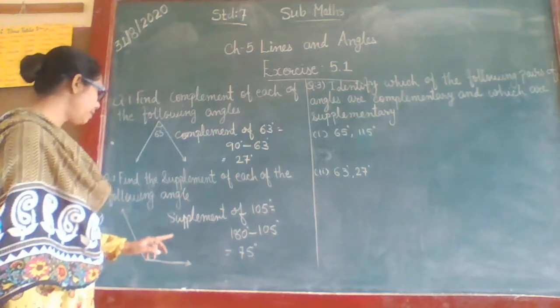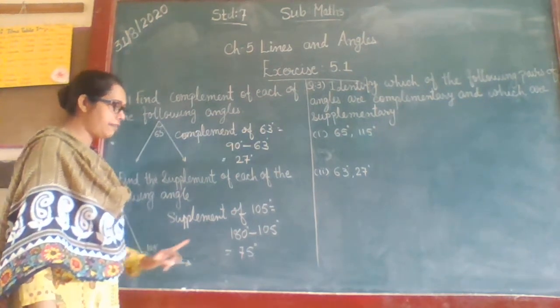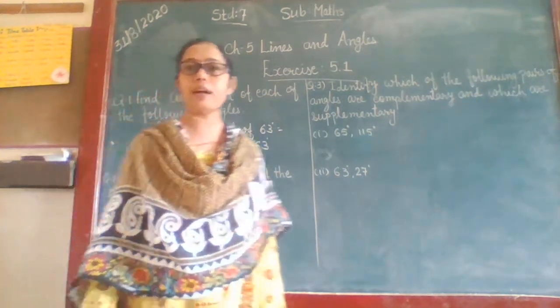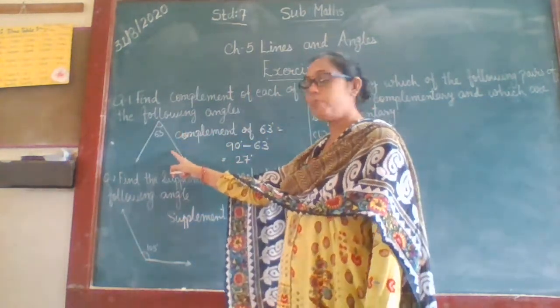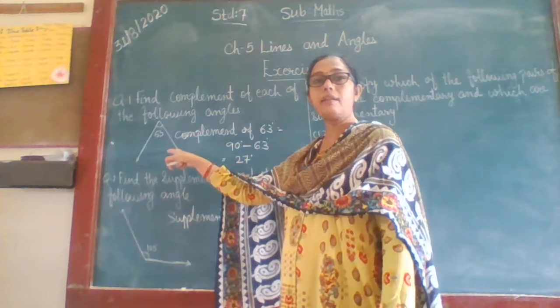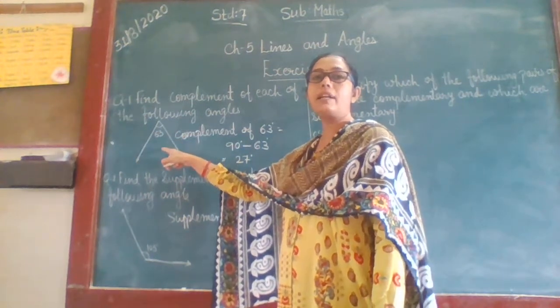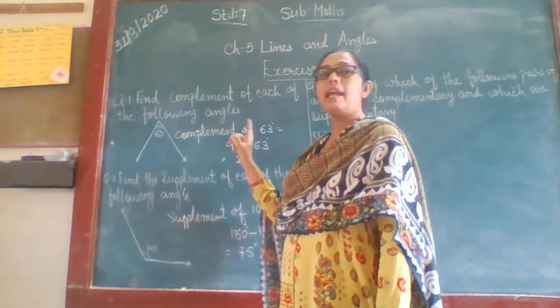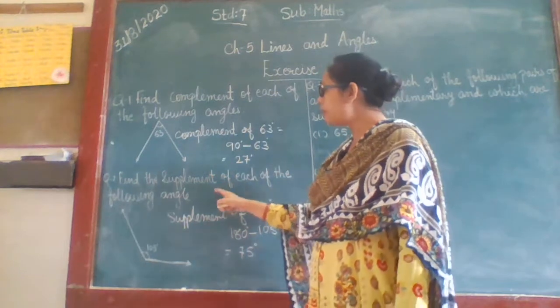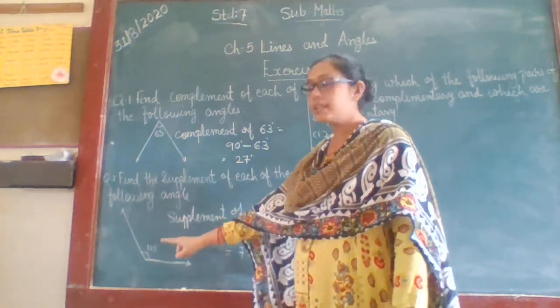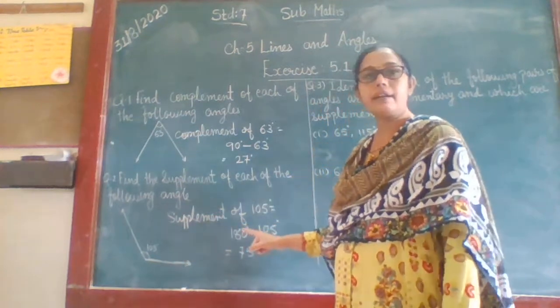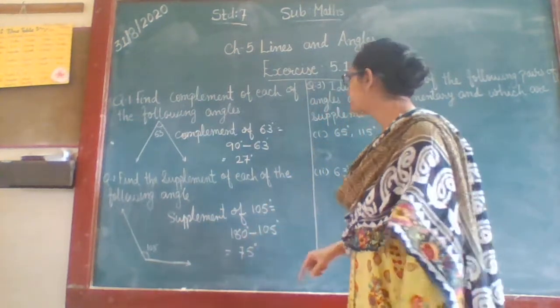So the supplementary angle of 105 degrees is 75 degrees. So dear students, when we have to find the complement angle of a given angle, subtract that given angle from 90, and when we have to find the supplementary angle of the given angle, subtract that given angle from 180.